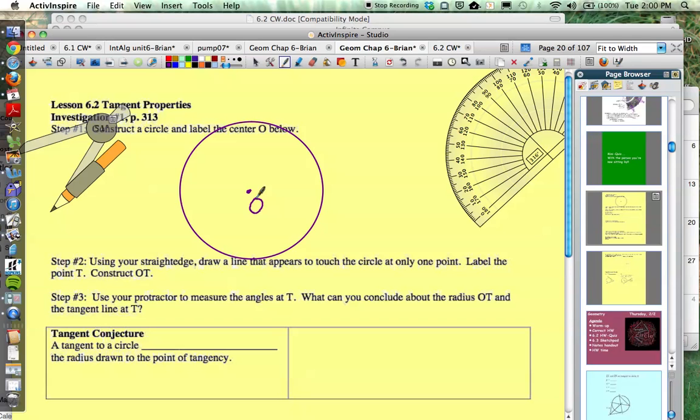Second part here is to use your straight edge and draw a line that appears to touch the circle at only one point, that would be our tangent line, and label that point T. So anywhere you want on your circle, I'm just going to put my point T right here, and then I'll take my straight edge and make a line that goes through T. Again, this would be what we call our tangent line because it crosses the circle exactly one time.